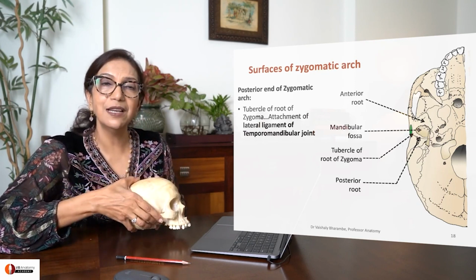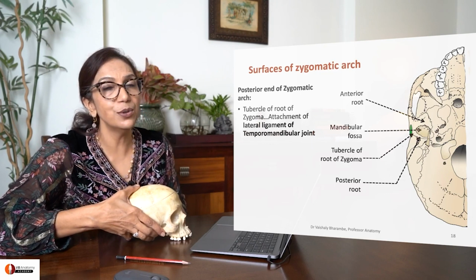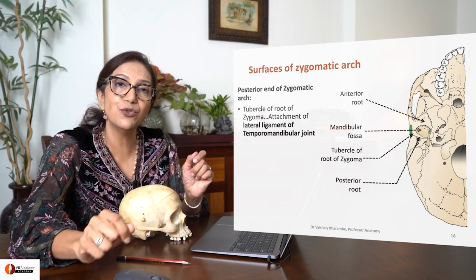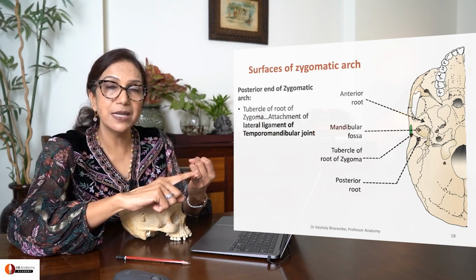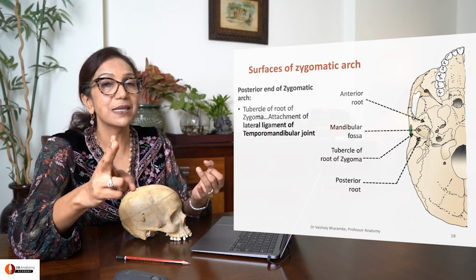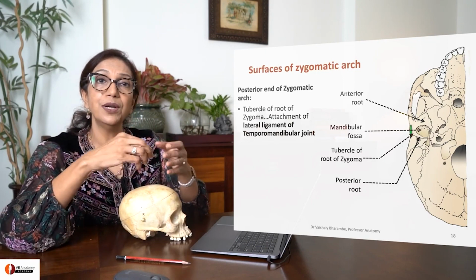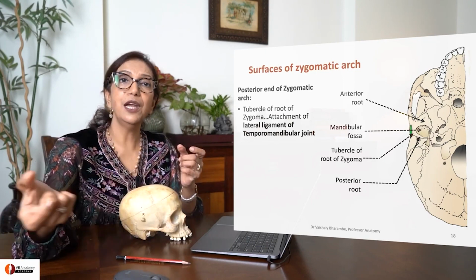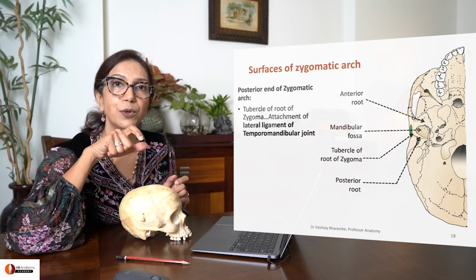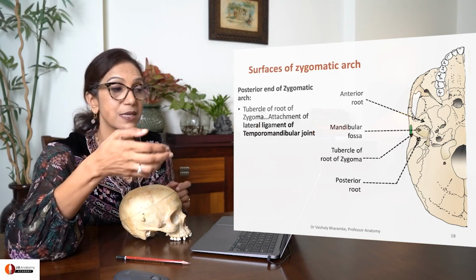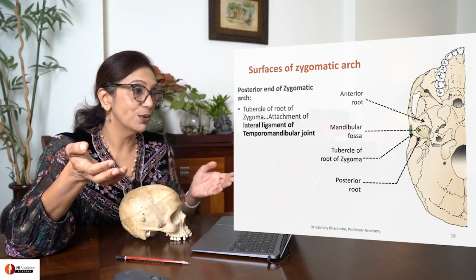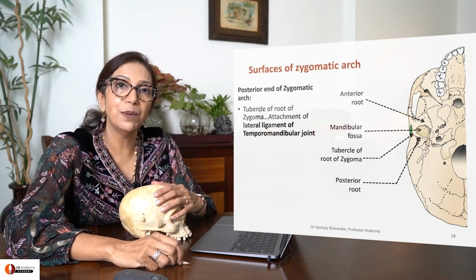Did you understand that we've been slowly introducing ourselves to the temporomandibular joint? We saw temporalis muscle, we saw masseter, muscles of mastication. Then we've just seen the anterior root, posterior root, and we saw the mandibular fossa, into which your condyloid process of mandible comes and articulates. Now you've seen a ligament also, the lateral ligament of temporomandibular joint.